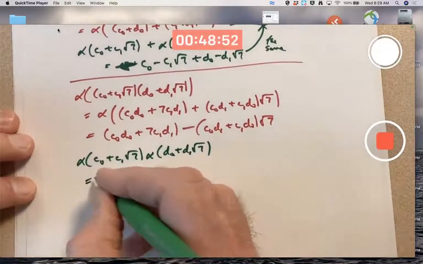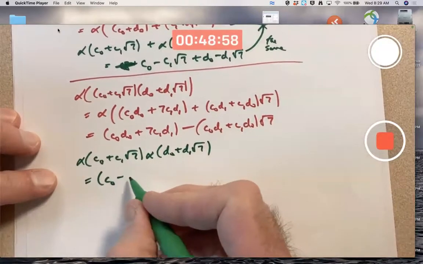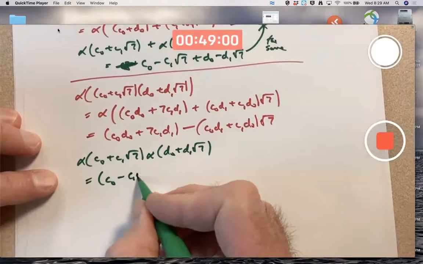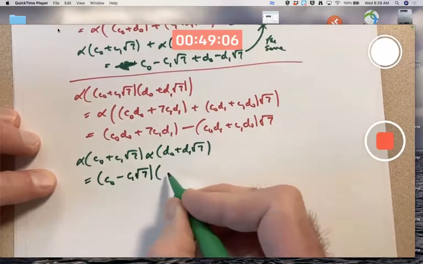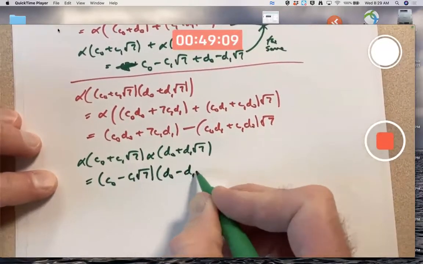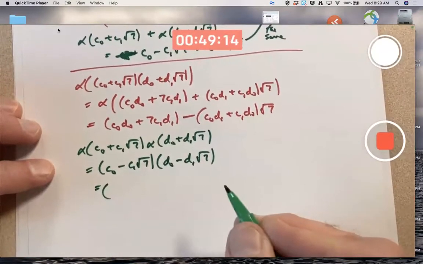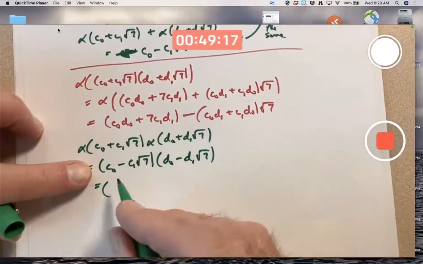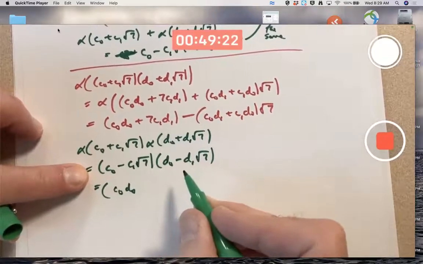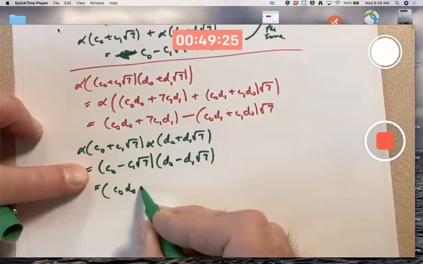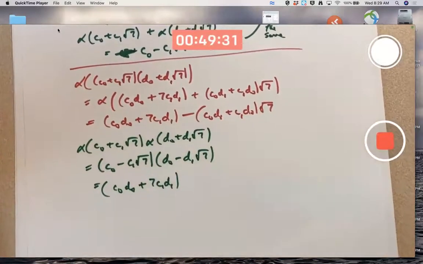Let's see. The output of alpha applied to C0 plus C1 root 7 will be C0 minus C1 root 7. And alpha applied to this D element, D0 plus D1 root 7, will be D0 minus D1 root 7. Now foil that. The part that does not involve the root 7 will come from first and last. First times first is C0 D0. Last times last, 2 minus signs make a plus, plus 7 C1 D1. Hey, that matches.